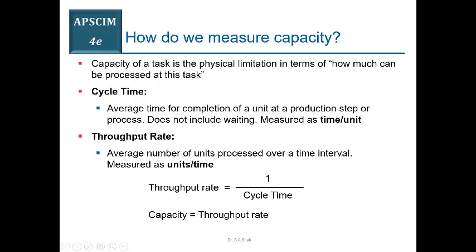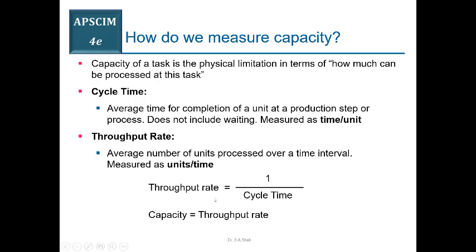And throughput rate or production rate is the inverse of the cycle time. So its unit is units per time, that is, how many units will be produced per unit time. The unit time is normally calculated in hours, and cycle time will normally be given in minutes or seconds.